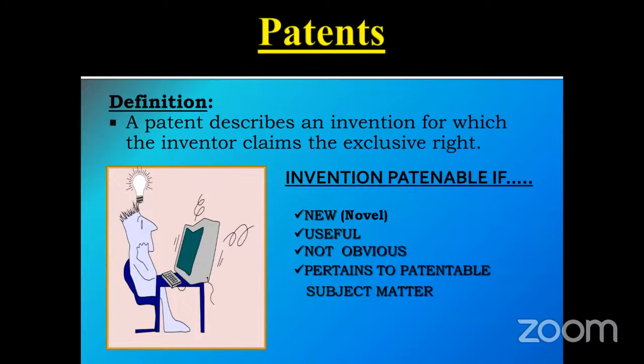It is not obvious. Not obvious means it cannot be made by a layman. The invention is not that easy to invent, it cannot be made that easily. So it is not obvious, right? It pertains to patentable subject matter. So what inventions can be patentable? They should meet the following criteria.